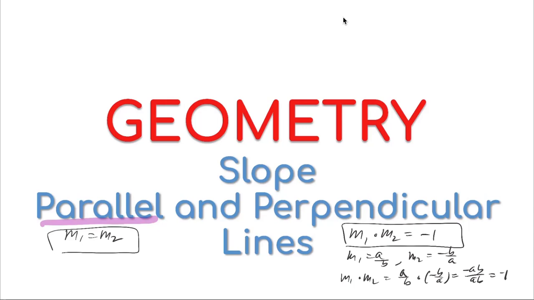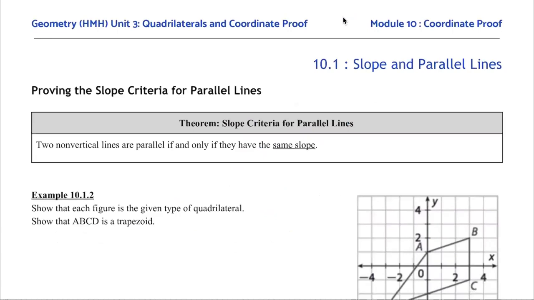But we'll continue first, initially, with studying parallel lines. So the theorem says two non-vertical lines are parallel if and only if they have the same slope. The reason why we say non-vertical, guys, is that the slope of a vertical line is undefined, right?